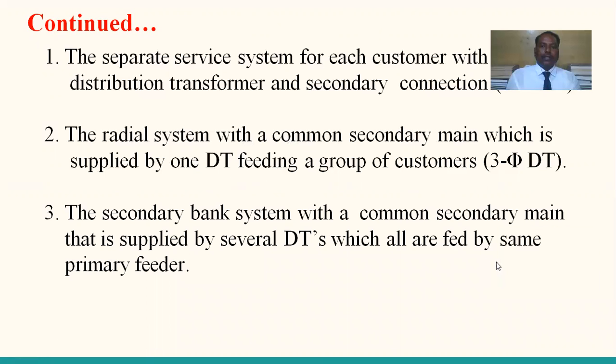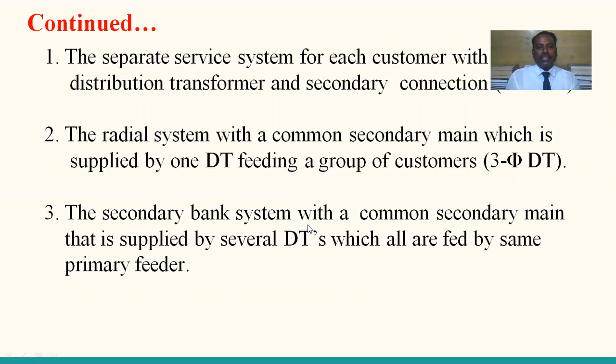Suppose the power utilized by the consumers increases, meaning the existing transformer cannot serve the required power to the consumers. Then you can think of adding another transformer to the existing transformer. That is a secondary bank.